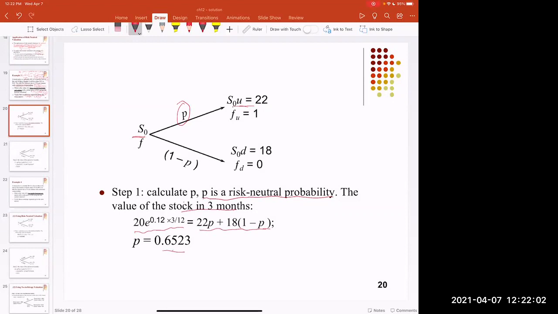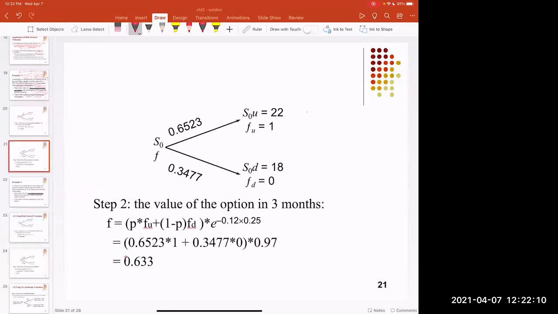Okay. And once you find the risk neutral probability, we're going to use that for the option. For the option, we know the probability, and also we know the value of the option in 2 cases, because we know the stock price and we know the strike price. So for the value of the option in 3 months, we calculate the expected payoff based on the probability, and then we discount this back to time 0.